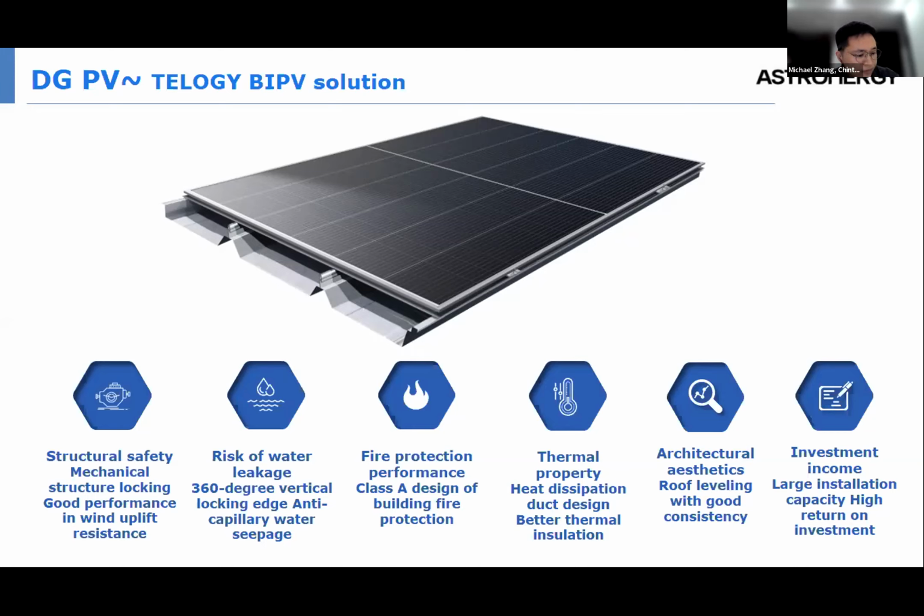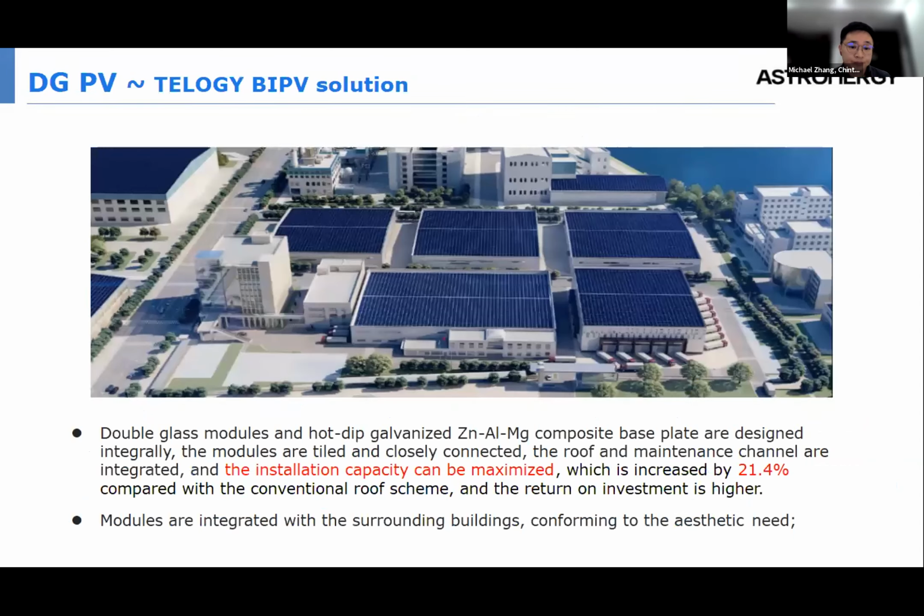And we also consider architectural aesthetics, so the rooftop installed with our solution is more beautiful. And the last one is very simple: investment. We have a much higher return on investment than other products.